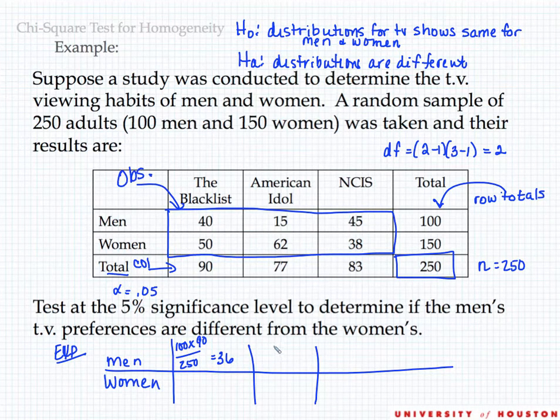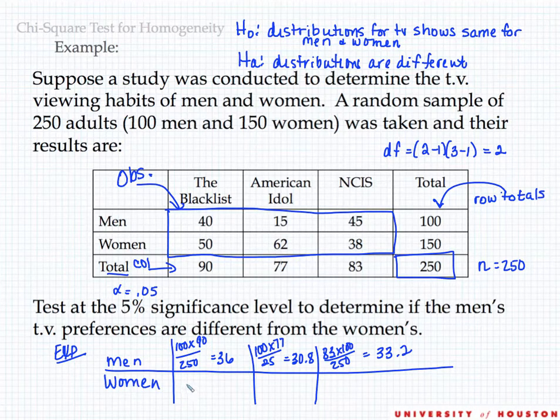For American Idol, that's row total of 100, column total of 77. This gives me 30.8. For NCIS, we have 83 times 100 divided by 250, which is 33.2.